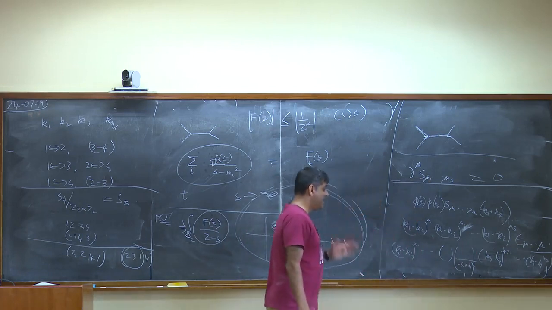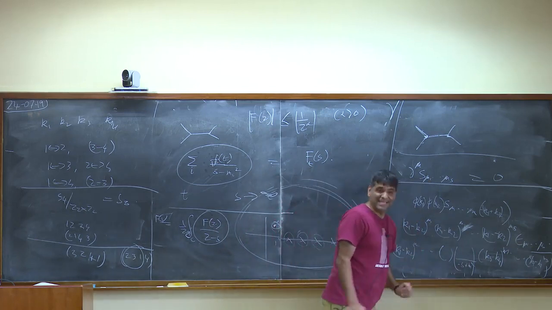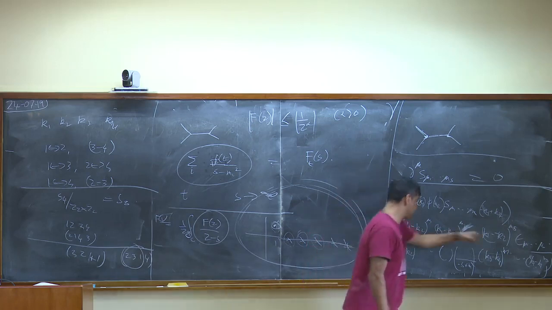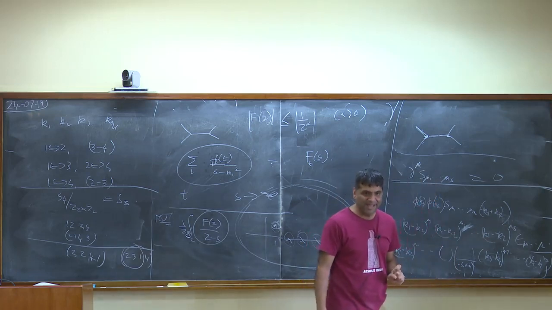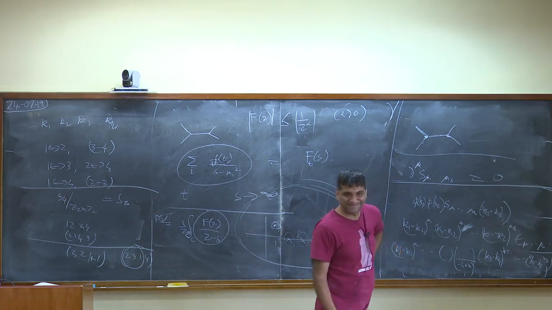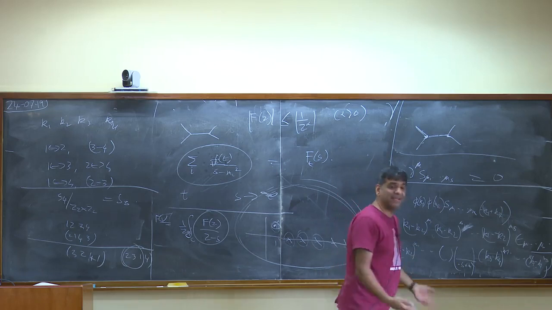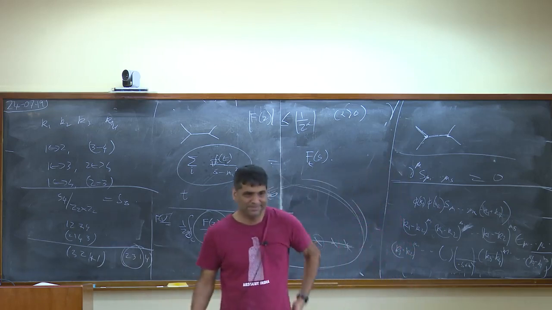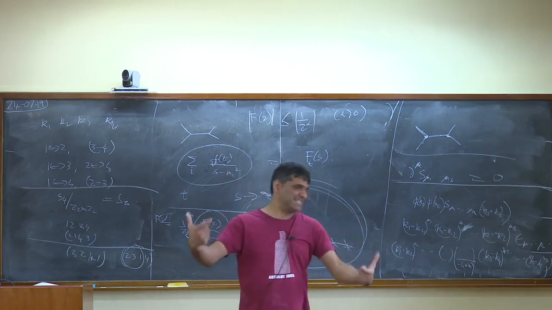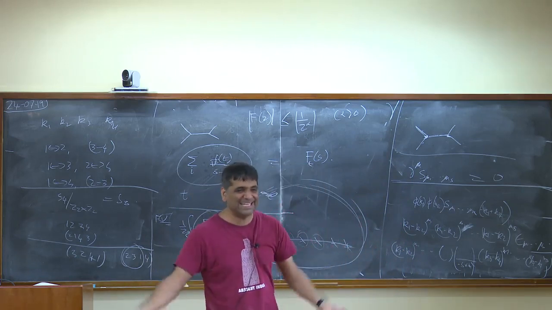Now, scattering by particles of spin S has a fixed momentum dependence. You can see immediately here that the net powers of k never exceed s in the numerator, because there are k's and k's, so k squares.